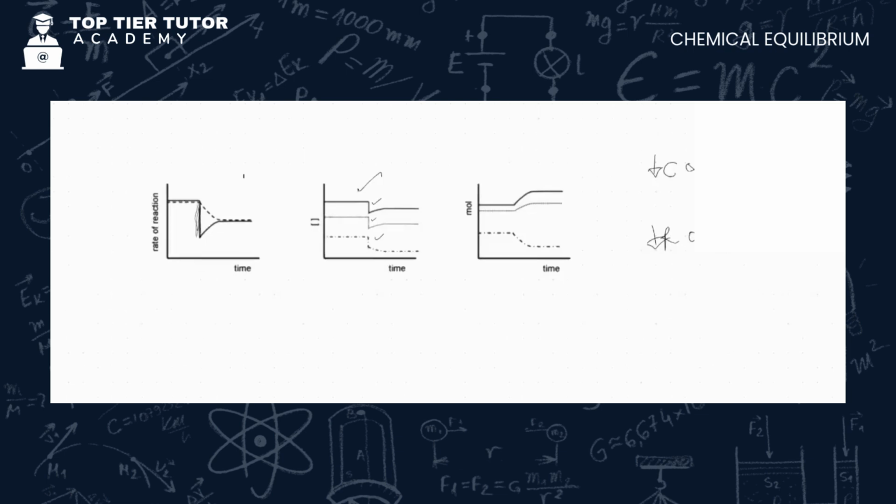Reason being, we are going to try to increase the pressure by favoring the side that produces more moles. Now, the forward reaction produces 2 moles, whereas the reverse reaction produces 3 moles. So because there are more moles being formed when you go in reverse, you can see that it was favored.